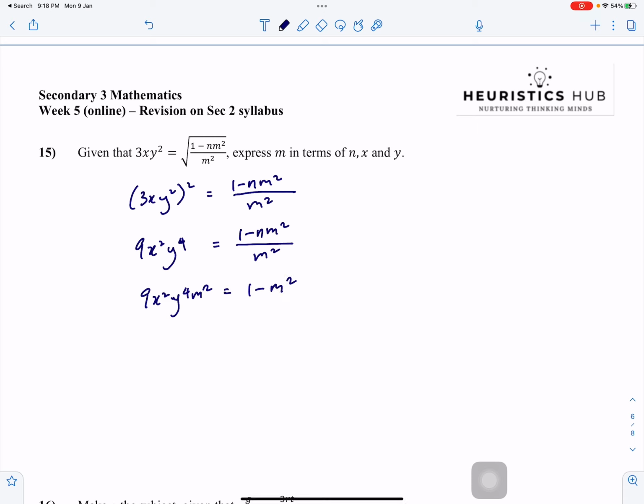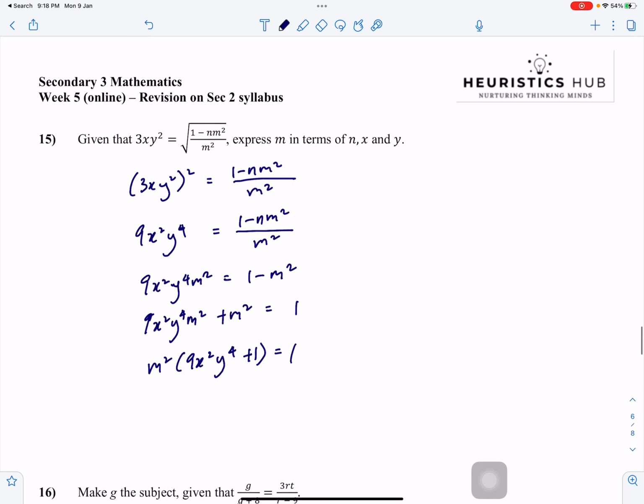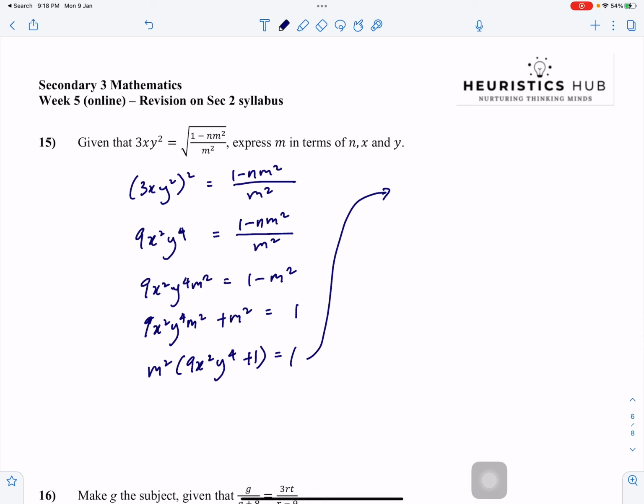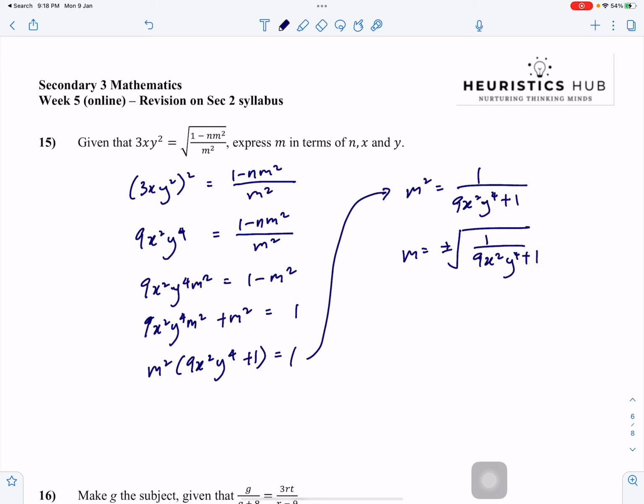You bring all the m to one side, and then the other m to the other side. And don't forget to put a plus or minus over here. Okay, all right, and that's question number 15.